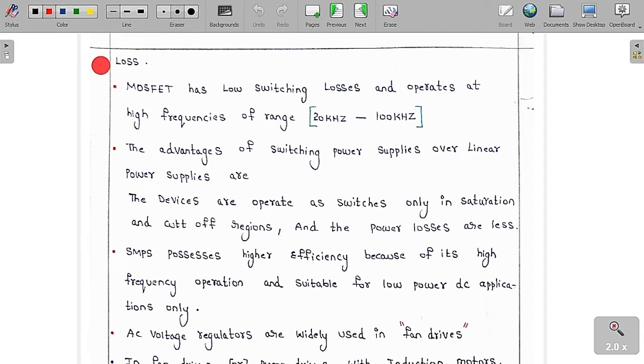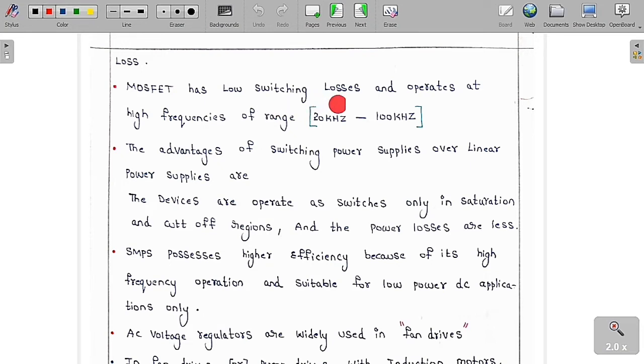I have already told you that in SMPS we need high frequency operations. The MOSFET is used for high frequency operations, and it also has high input impedance, though it has high conduction losses and low switching losses. Low switching losses are the main reason the MOSFET is used in SMPS applications.